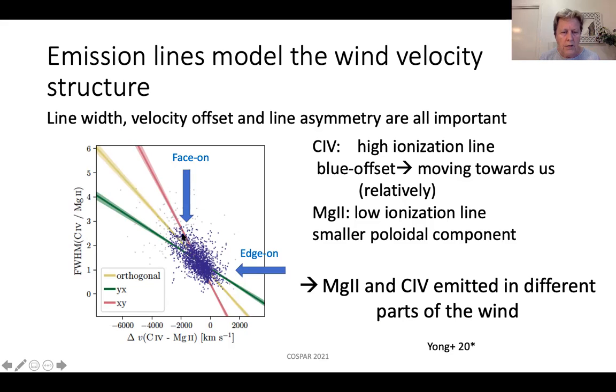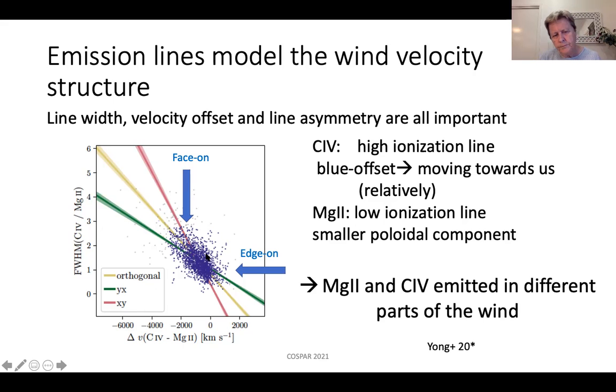Interestingly, when you correlated that offset with the ratio of the line widths, we see quite a strong correlation. And so this is the carbon-4 ratio over the magnesium-2 ratio.